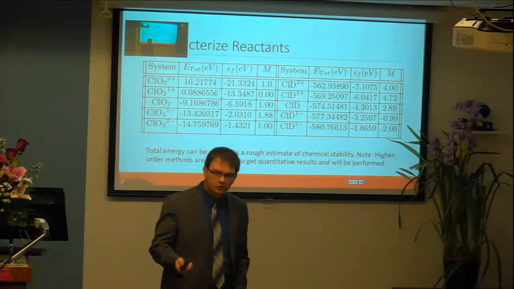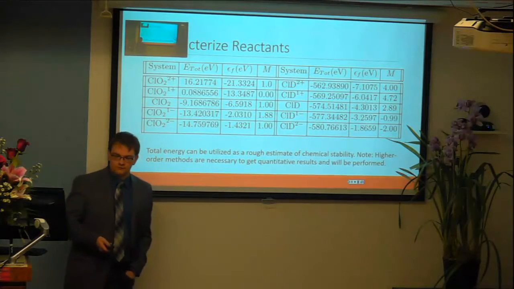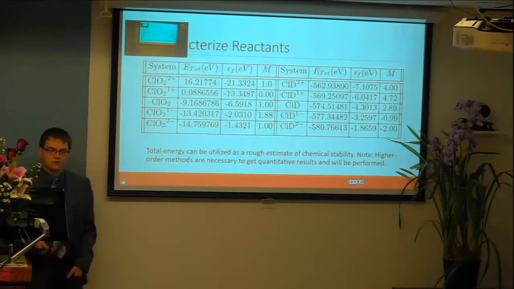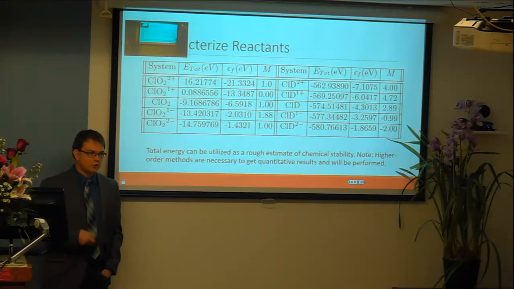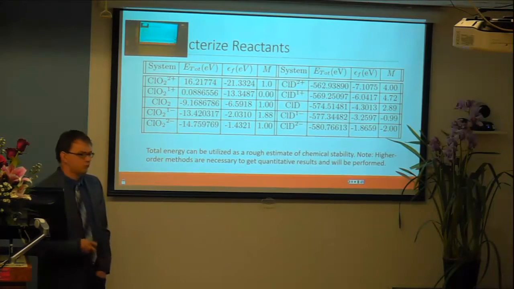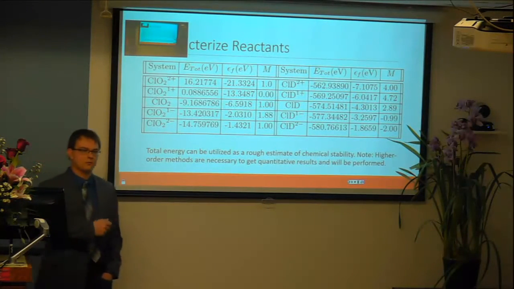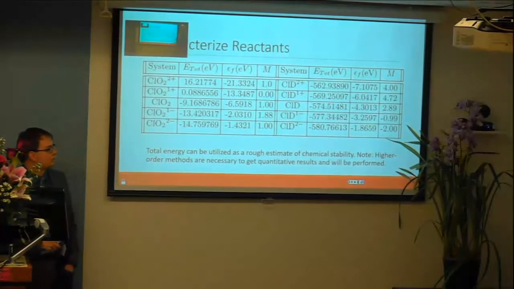This could be an artifact of the results from the DFT. We could move to higher level methods and this may change. I actually have some calculations running right now doing optimizations for higher level theory.